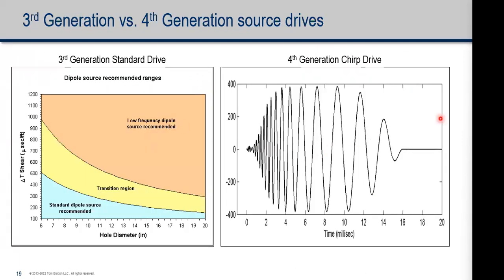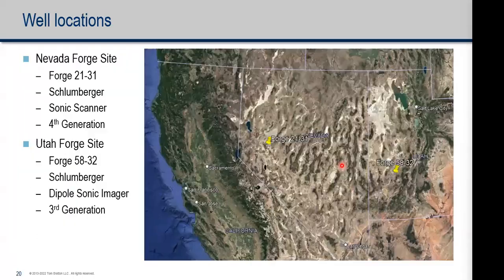That's why these fourth generation tools went to a chirp drive. It's like Vibroseis in the sense that over a short period of time, you excite the formation with high frequency, and then you end up with lower frequencies. This prevents the problem of having to decide before you log the well whether you're going to go with a standard dipole source or a low frequency source. You kind of had to know the answer before you even got started, and it was a big function of hole diameter. So this really solved the problem.